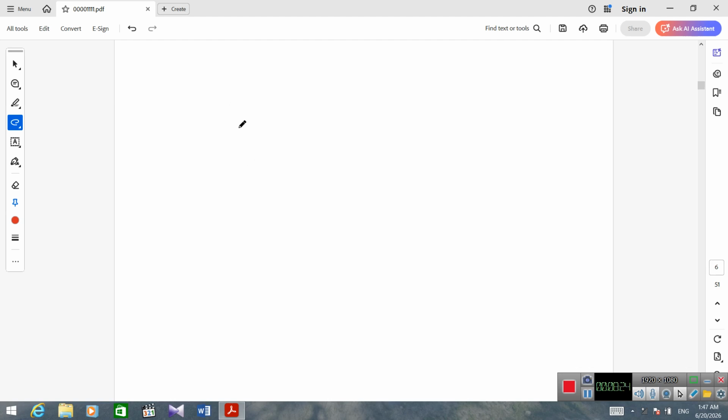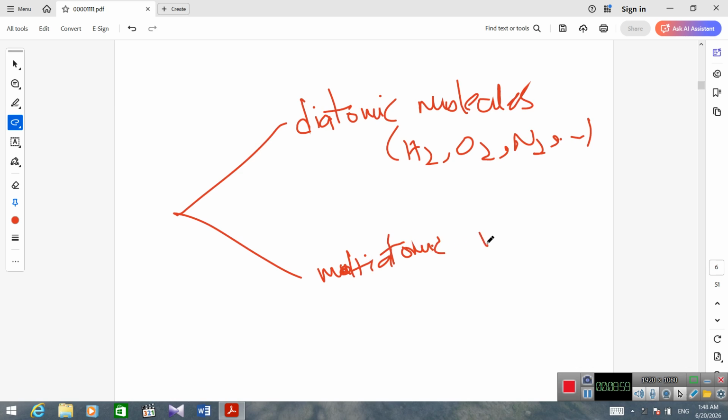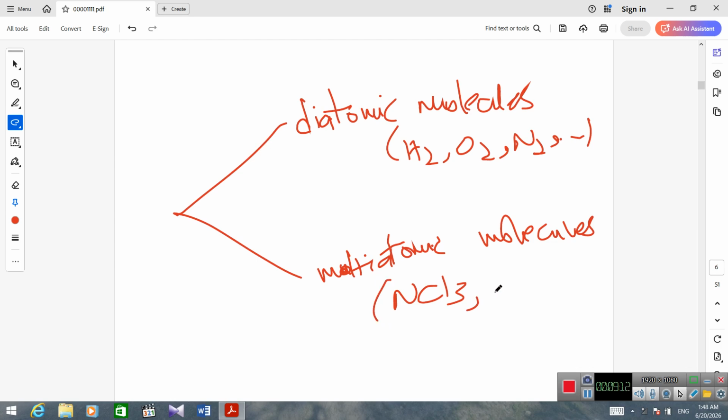I can divide the main topic into two different groups: Lewis structures for diatomic molecules, as we all know, in this case we have two atoms like hydrogen gas or oxygen gas or nitrogen gas, etc., and multi-atomic molecules like NCl3, nitrogen trichloride, ammonia, water, and lots of other examples of multi-atomic molecules.